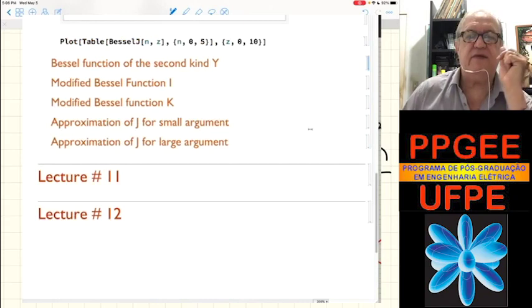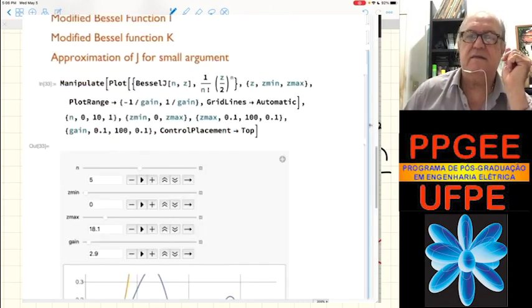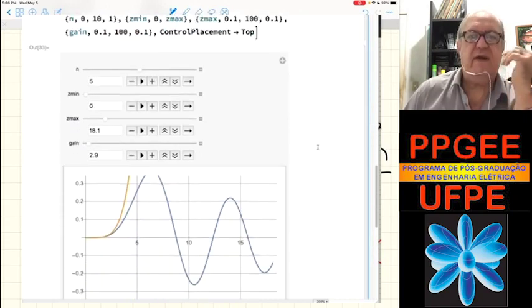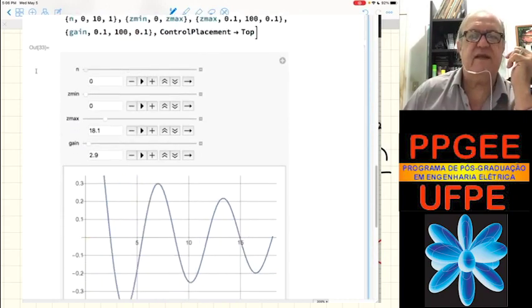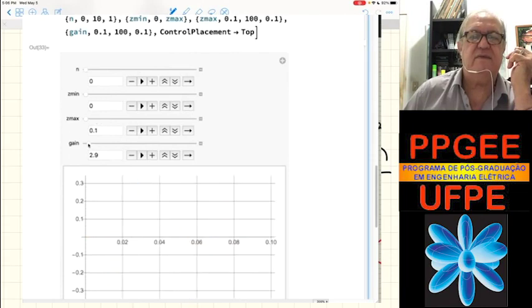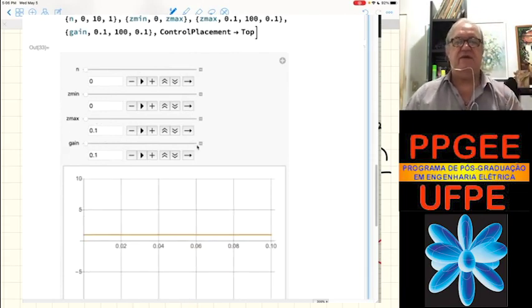Let's look at the approximation of J for small arguments. Let me put everything to 0 here, the starting value. We have here the Bessel function of order 0, n equals 0.